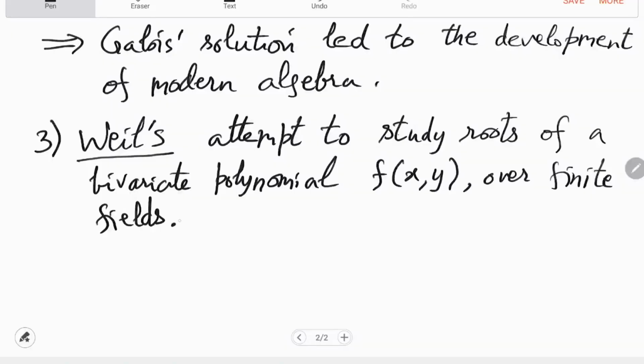So on the abstract side, Weil studied around 100 years ago, given a bivariate polynomial over a finite field, what can you say about the structure of the roots? So roots over a finite field will be finitely many, which is not true over rationals or infinite fields.